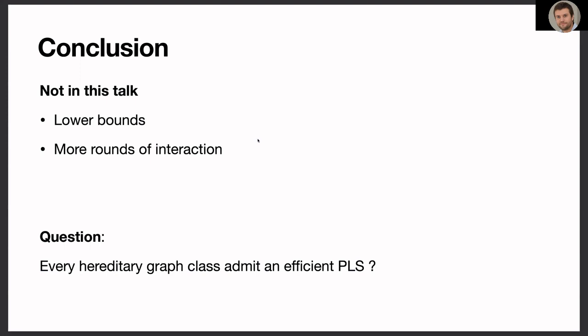I've been working with my students on circle graphs, polygon circle graphs, or K-trapezoid graphs, and for those classes we have interactive proofs with 3 rounds or 2 rounds, but we don't know how to reduce the number of rounds in many of those cases.